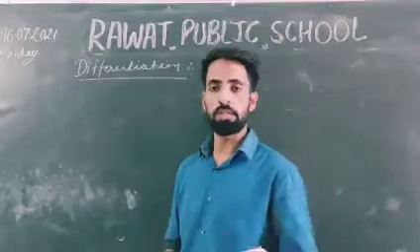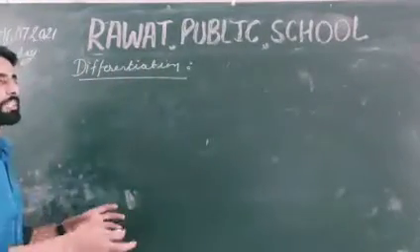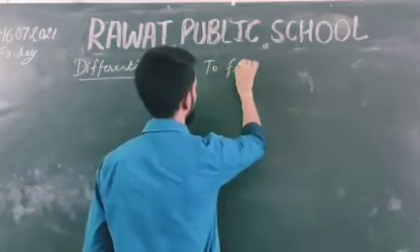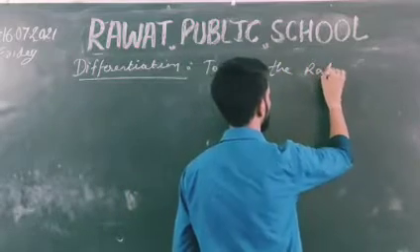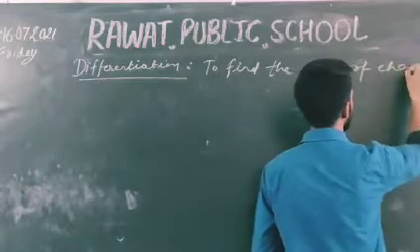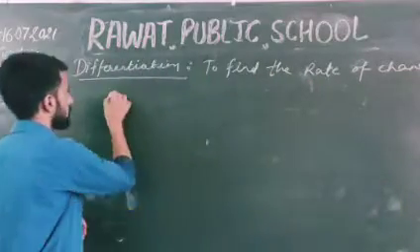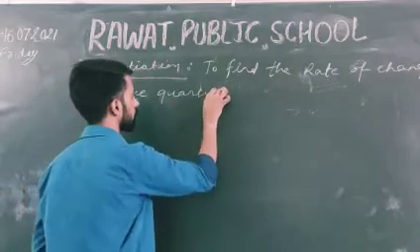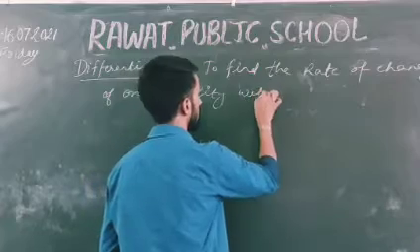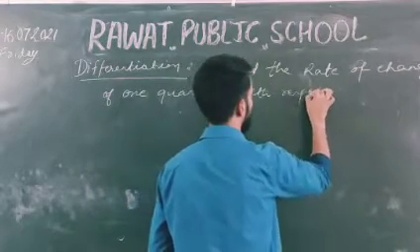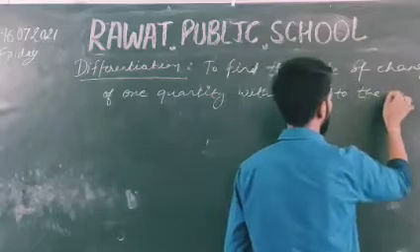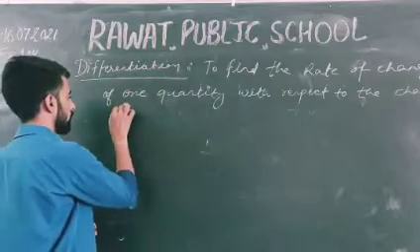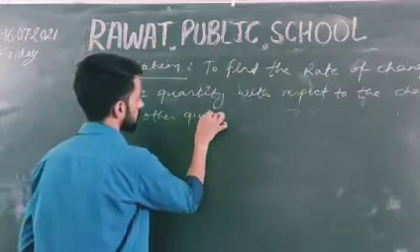So if I define what differentiation is, I can write one very simple and basic definition: to find the rate of change of one quantity with respect to the change in other quantity.